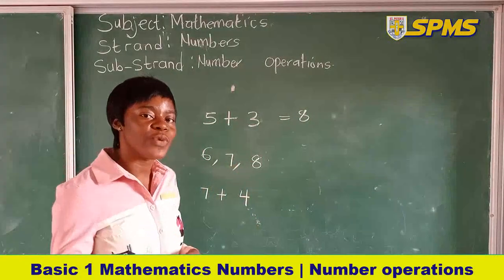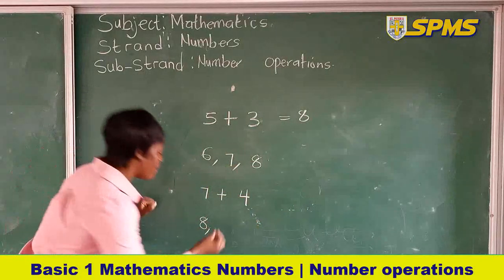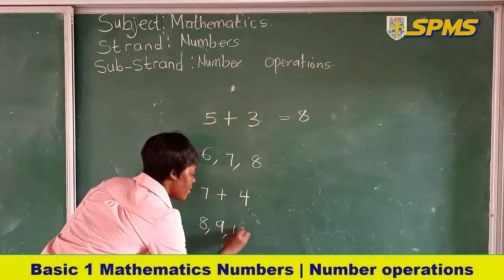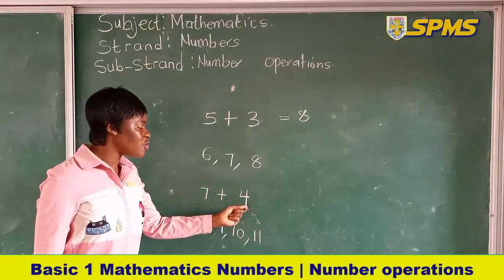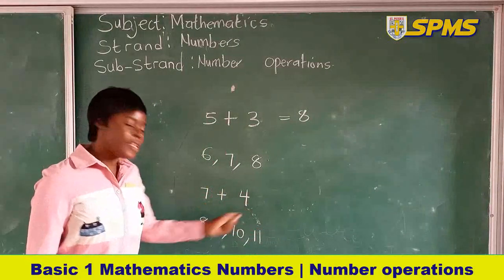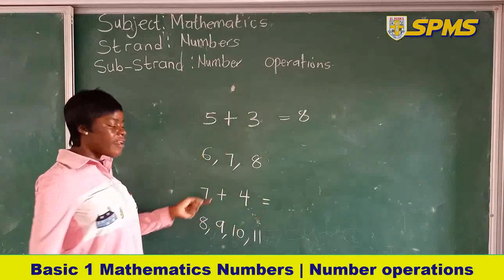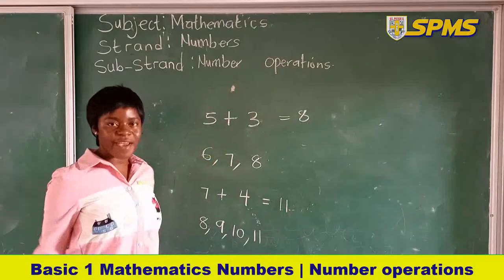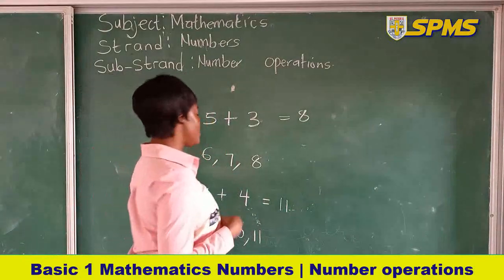From 7 we move to 8, from 8 to 9, 9 to 10, 10 to 11. Make sure that you are moving 4 places. Let's count 1, 2, 3, 4. So 7 plus 4 will give you 11. Very good. Now try one for me. Let's do this.